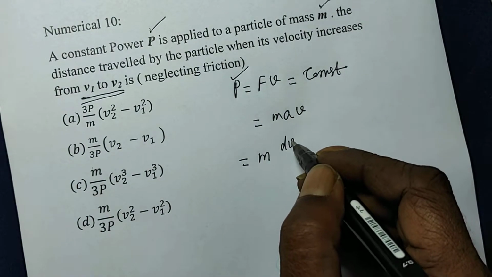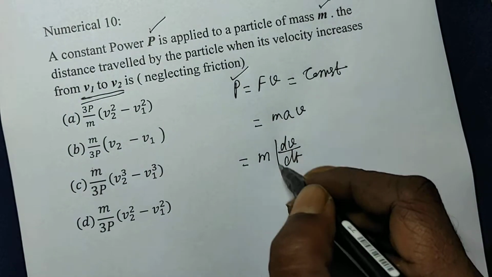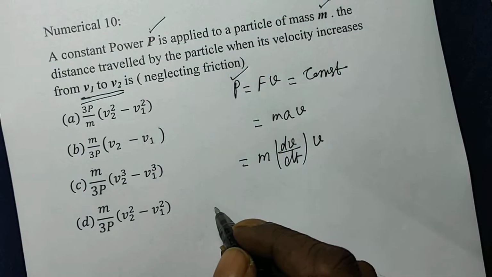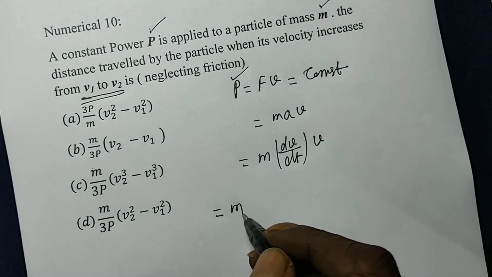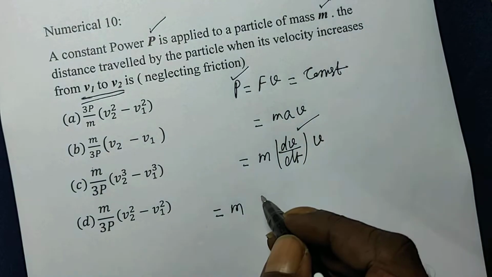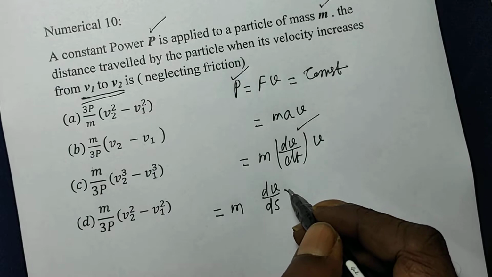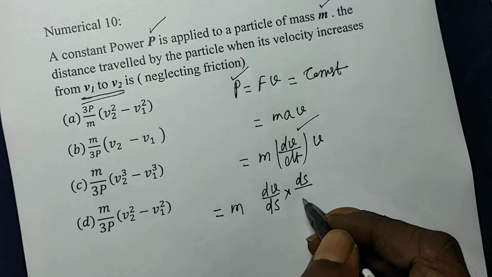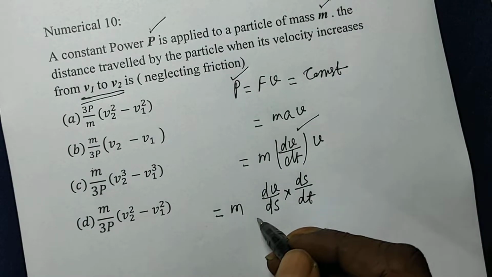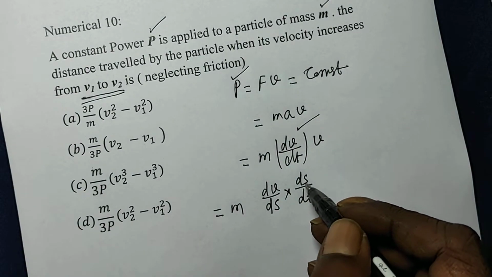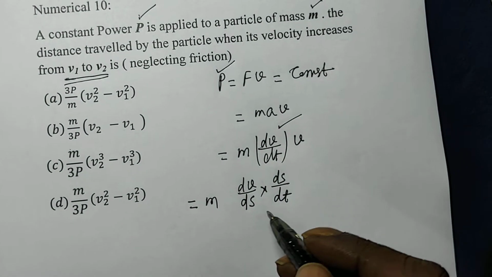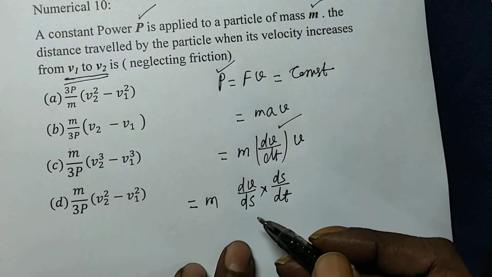Acceleration is dv over dt. Let me write it here. Now I have to change this: dv over ds multiplied by ds over dt. It remains the same thing as dv by dt, since I multiplied with ds and divided by ds.